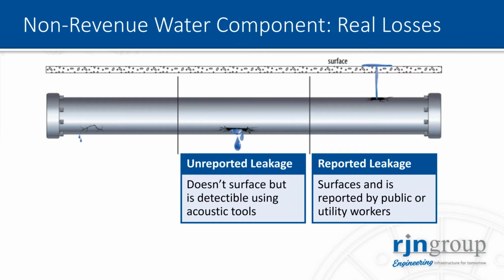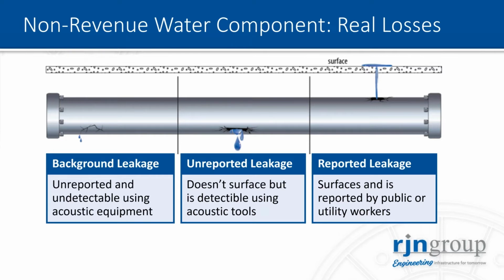The second type of leakage that AWWA provides as a category is unreported leakage. This is a leak that doesn't surface, but it is detectable using acoustic tools. And then finally, background leakage. This leakage happens and stays unreported, and it's undetectable using acoustic equipment.